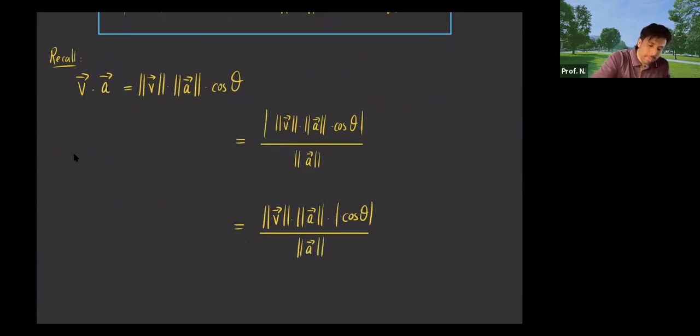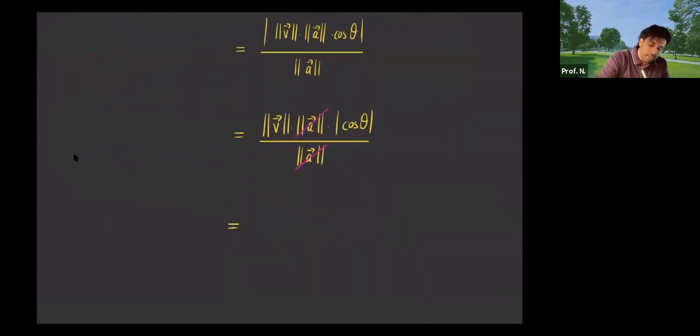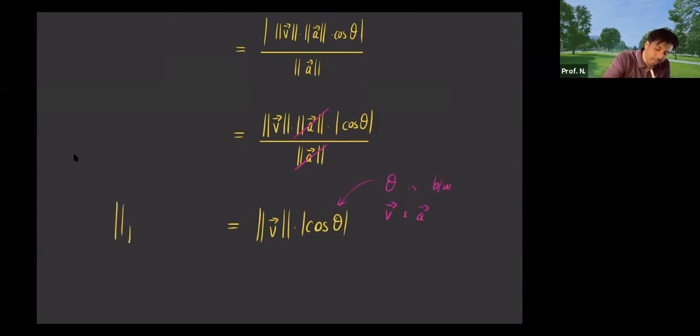But the norm of A divides the norm of A. So I get a much cleaner, another way to represent the length of the projection of a vector along A. It's simply the norm of V multiplied by the cosine of the angle. And remember, this angle theta is between the vector V and A. So this is another way to find the norm.